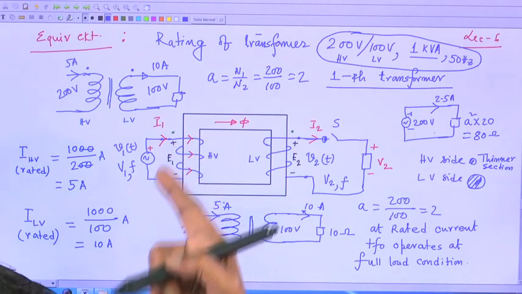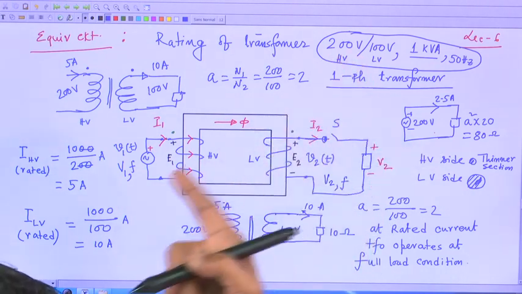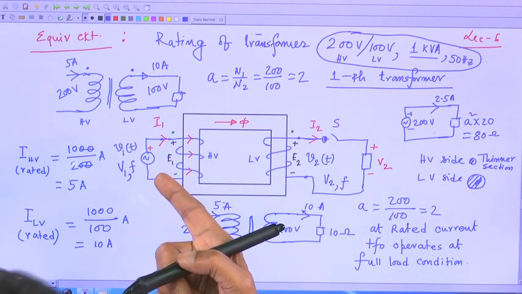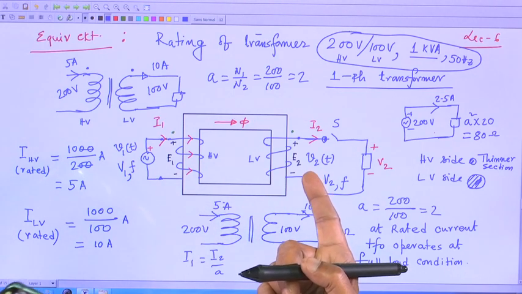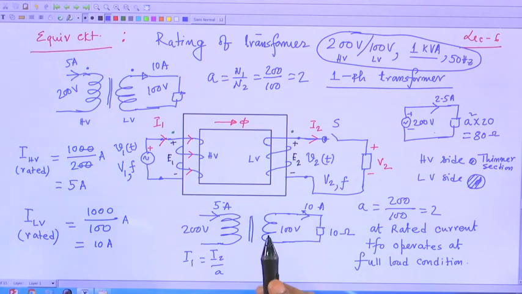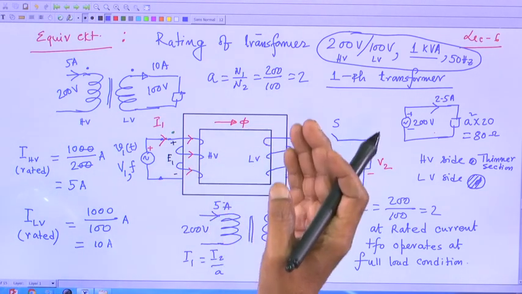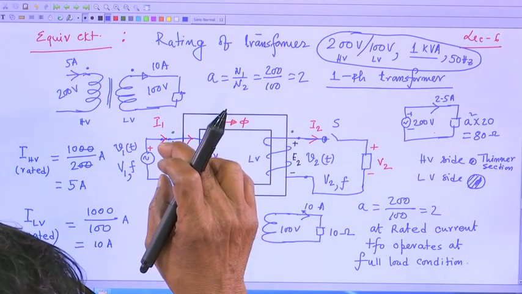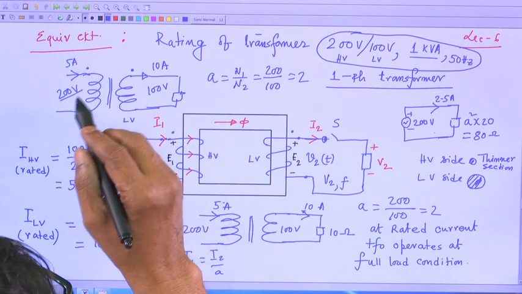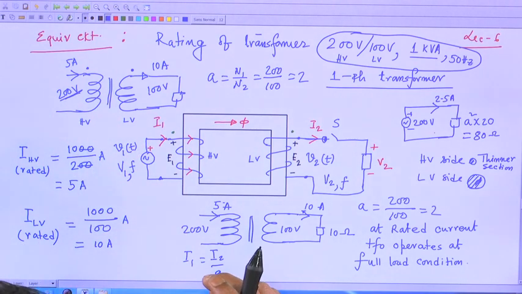On the HV side, if you apply 100 volt instead of 200 volt, on this side you will get 50 volt. That you are allowed to do, because you should not exceed the rated voltage of the windings. You should not apply a voltage greater than 200 volt on the HV side; less than 200 volt you can apply, no problem.